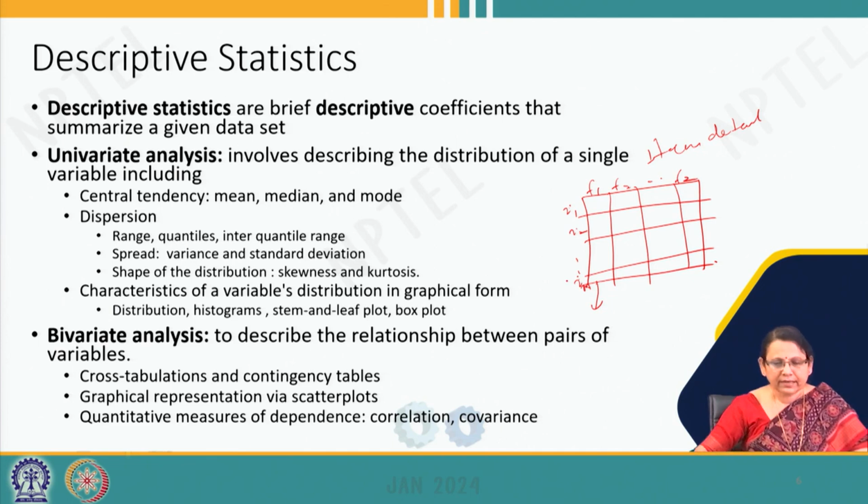So, basically descriptive statistics are brief descriptive coefficients that summarize a given data set. So, individually if we look at each column, it involves describing the distribution of individual variables. So, when we talk about this particular variable, as we know this can be in different scales, and what the corresponding descriptive statistics are, that also we saw.